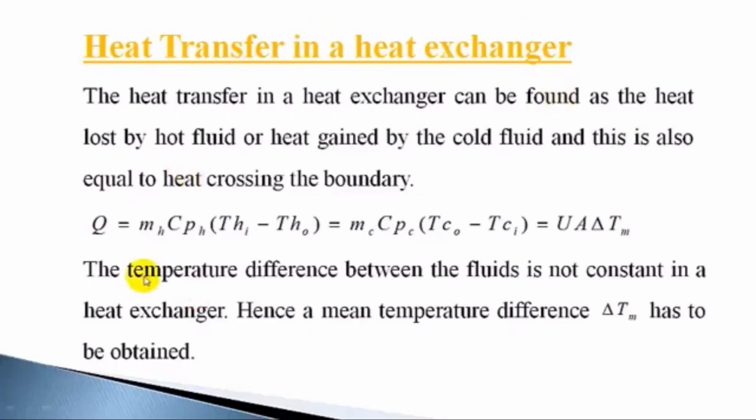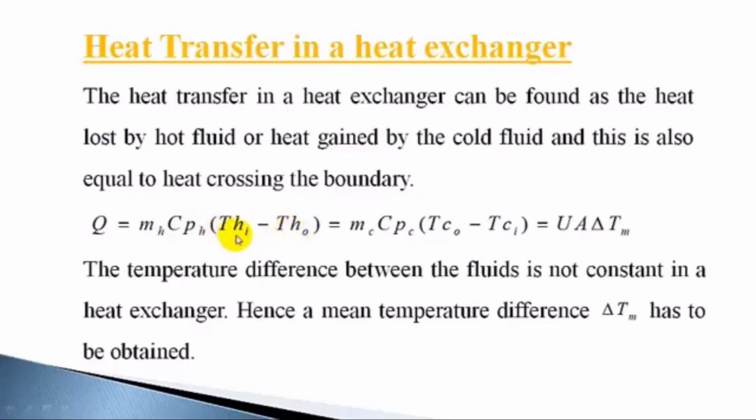So heat lost by the hot fluid can be written as m Cp into the temperature change for the hot fluid. Here m is the mass flow rate of the hot fluid. So this is a rate of heat lost. In unit time, the amount of heat lost will be m, the mass flow rate of the hot fluid, and Cp of the hot fluid, into the temperature change of the hot fluid.